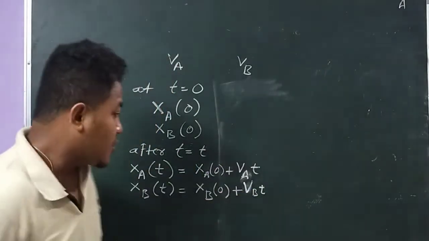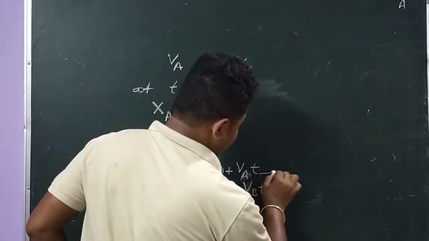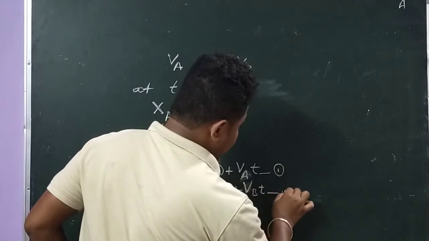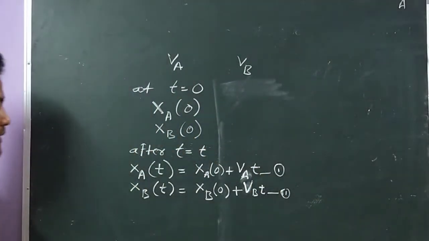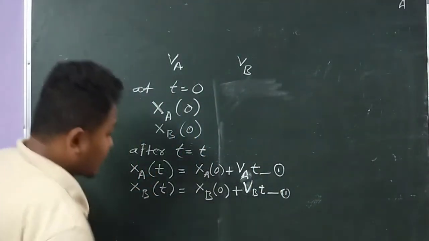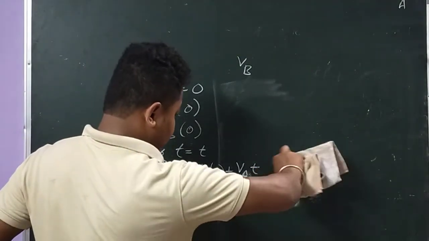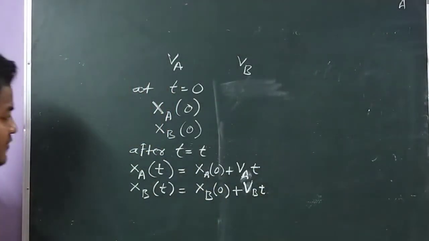Am I clear? So let this be equation number 1 and this number 2. If you don't give a number, then it's okay. No need to give a number for it. You just simply understood it.